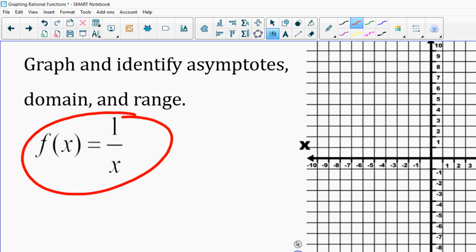Watch as those x values are getting closer and closer to 0. Watch what the y values are doing.